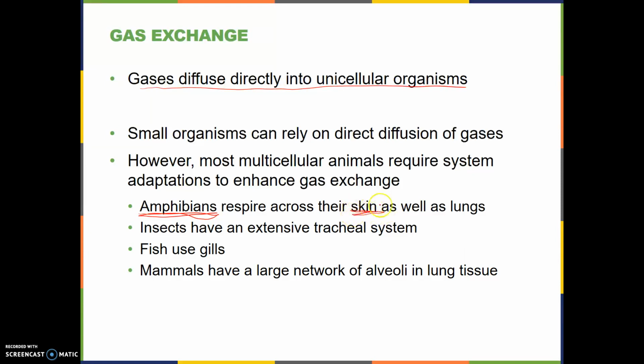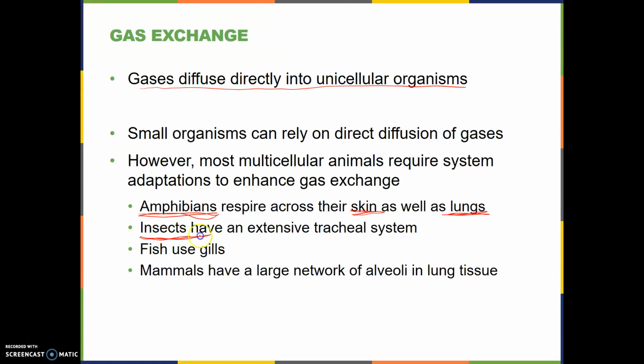That is why their skin needs to be kept moist, not constantly in a frog or a toad, but we know that frogs and toads live in water and on the land, and so they're going to be able to breathe better when their skin is moist, because gas exchange requires a moist surface. Lungs are already moist, but the skin has to be moist by water.